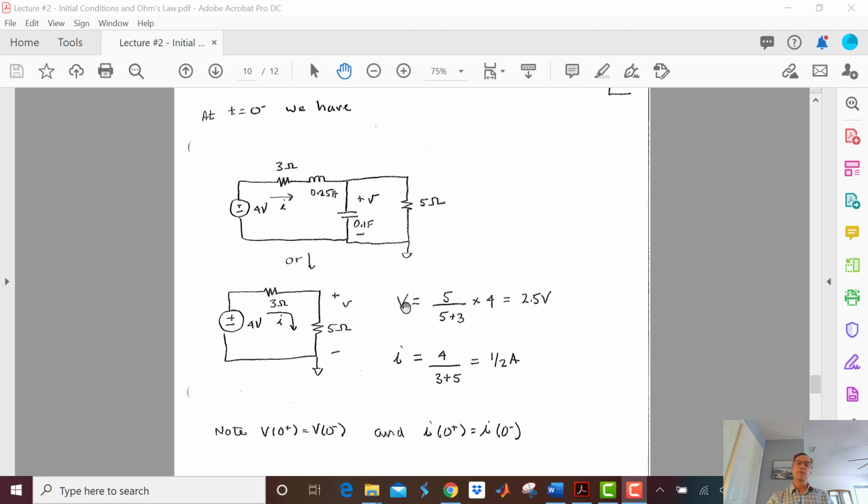So the voltage is going to be 5 over 5 plus 3 times 4 volts, which is 2.5 volts. And this current is just going to be 4 volts divided by 8 ohms, which is a half an amp.